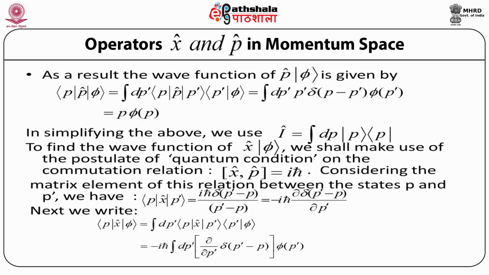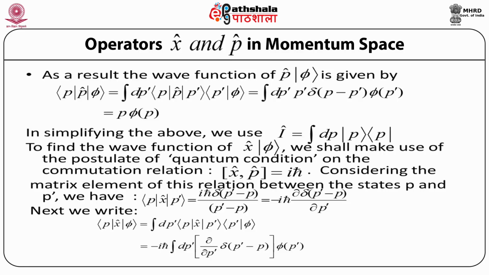Now, if we want to find the wave function of operator x acting on state vector phi, we shall make use of the postulate of quantum condition on the commutation relation between the operator x and the operator p, which is the commutator of x and p equal to i h cross, as was defined earlier.